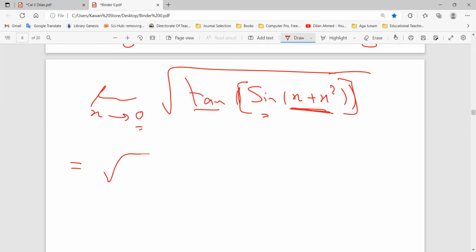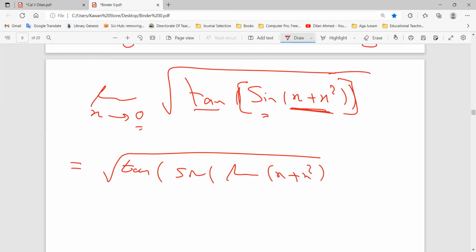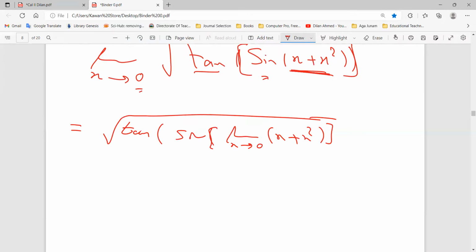We say it is equal to tan sine limit x squared. We bring the limit to inside. By what? By that theorem. We didn't do it arbitrarily or just by ourselves. No, we have a rule.